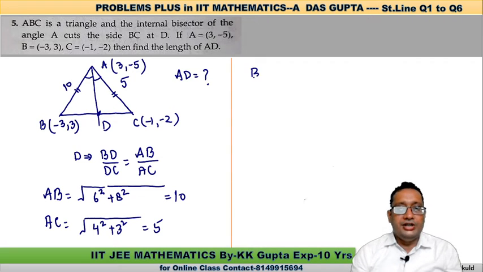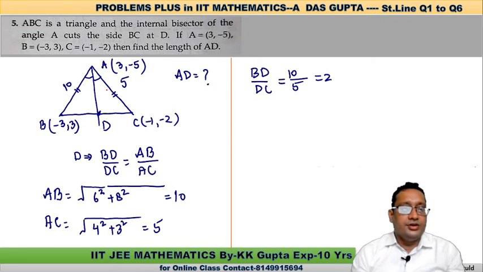So BD upon DC is equal to AB upon AC, that is 10 upon 5, which is 2. So it divides in the ratio 2:1.